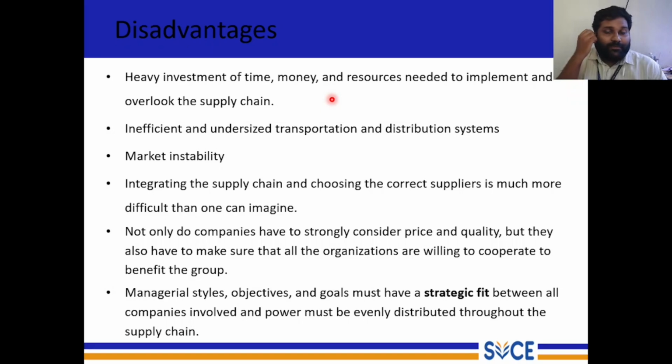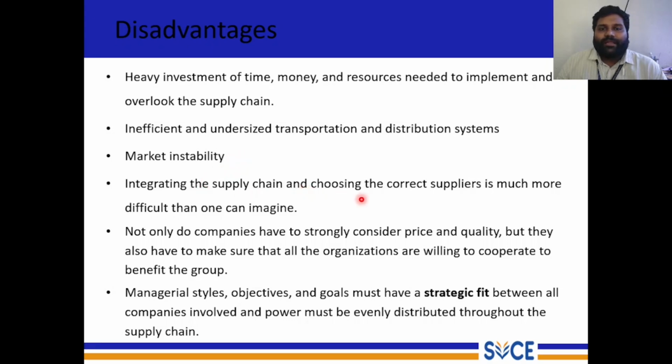Inefficient and undersized transportation and distribution systems will definitely lead to a downfall in the market. We need to look at market stability as we discussed. Without that market stability, instability will lead us to a bigger downfall.